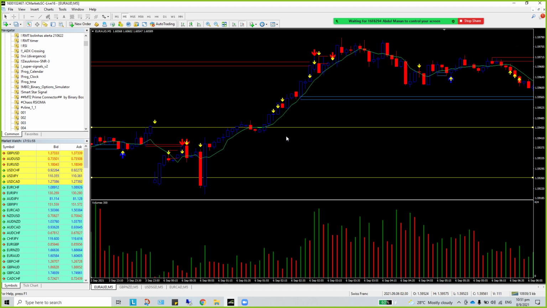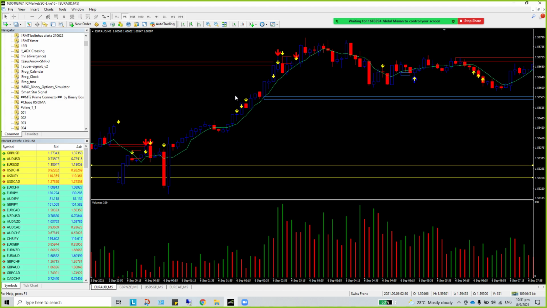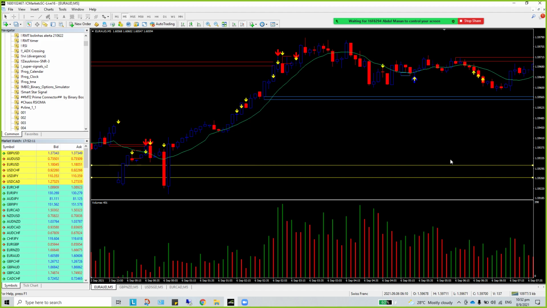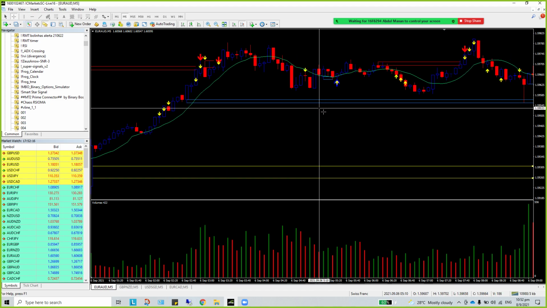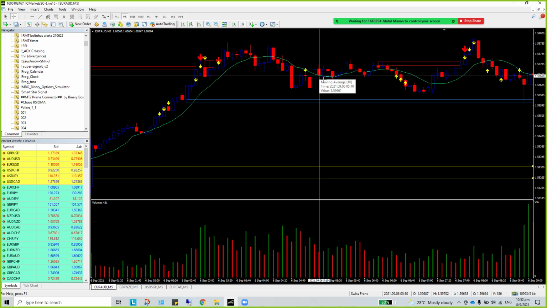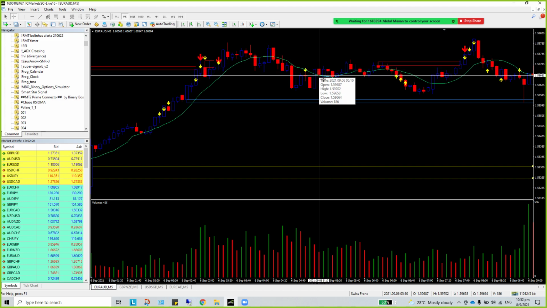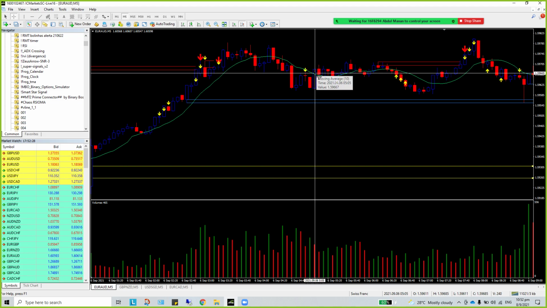So this is one strategy, and another strategy. This is a moving average 6, and I can keep 10 also. The method is simple and applied to close. Whenever the candle touches the moving average, if it is red, from above, not from the bottom, from above it acts as a support.